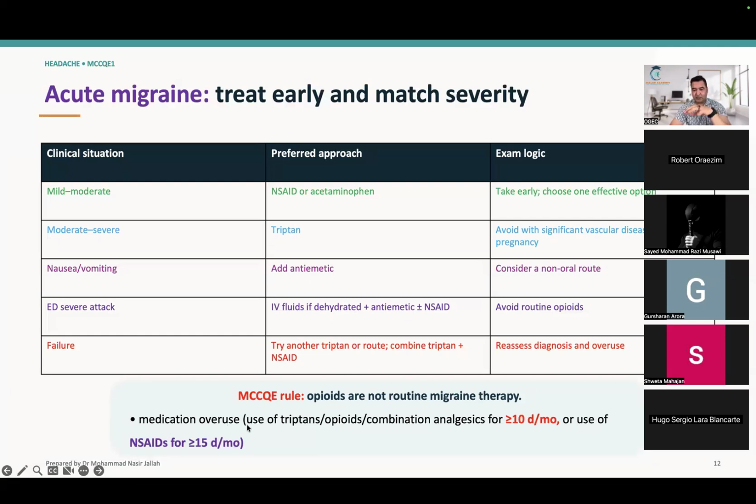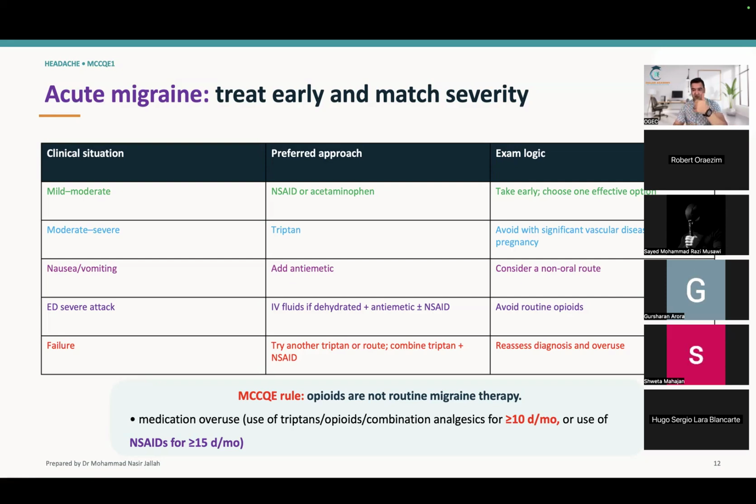Medication overuse, I will talk about this. Sometimes people are taking too much medication, which backfires on them. So if you're taking a combination of painkillers for more than 10 days per month for 3 consecutive months, then the medication itself causes headache, which is called a rebound headache.